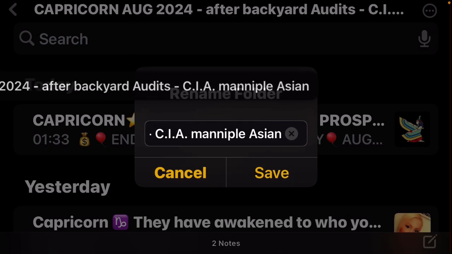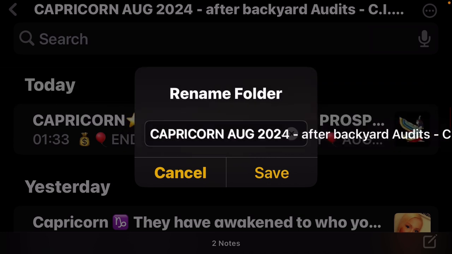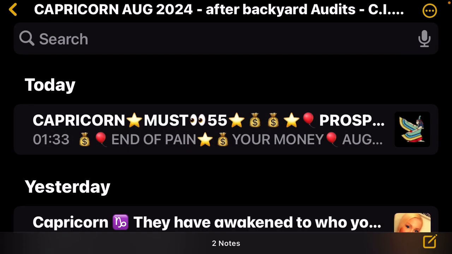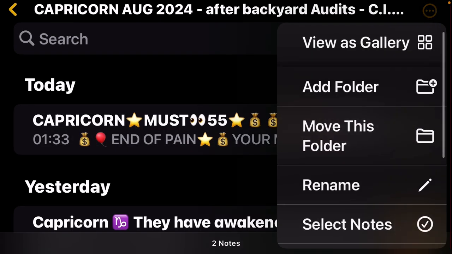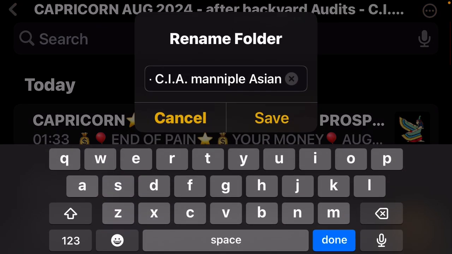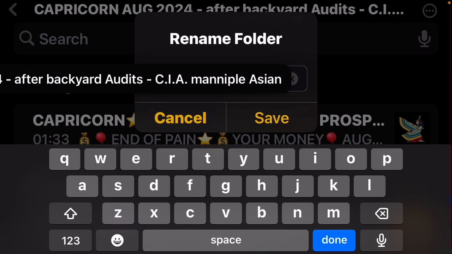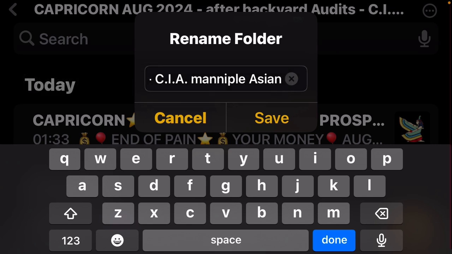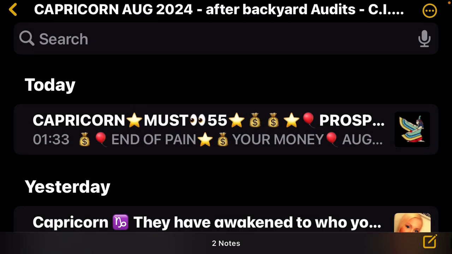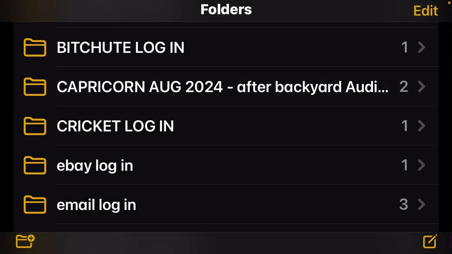There it is. Backyard audits with CIA manipulation. So cancel that one again. Just go to names up here. There at CIA manipulation. And of course there's the other part. After backyard audits, CIA manipulation. So anyway, that's that.